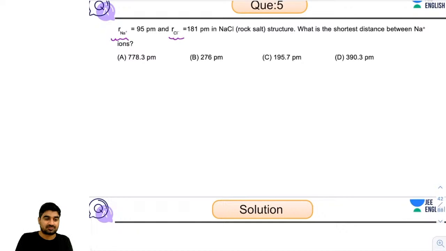So in NaCl, do it. I'm waiting for your answers. I will give you sufficient time, and only after that I will start solving it. In the meanwhile, I will make the structure later. Let's see how many of you can solve it.